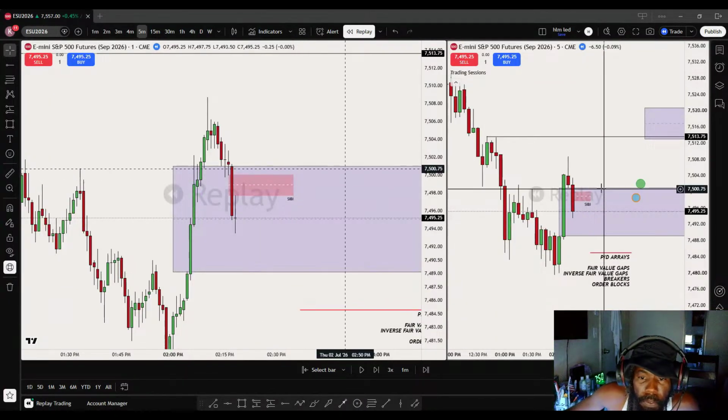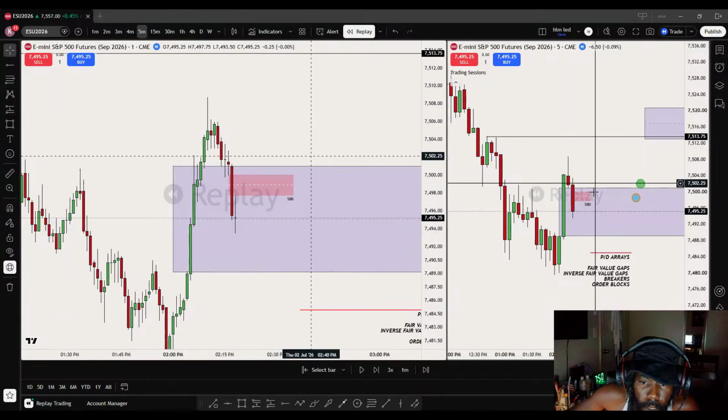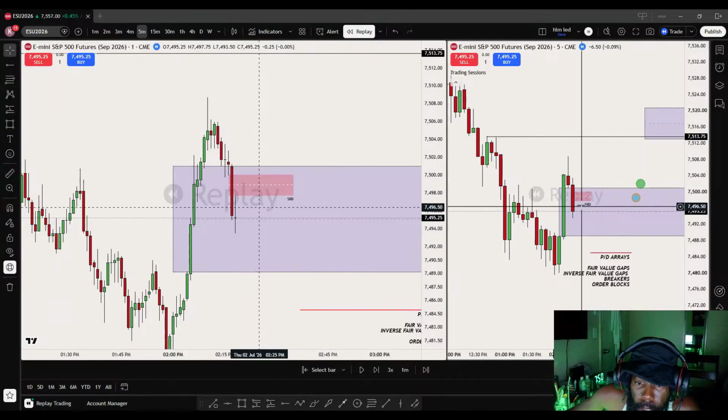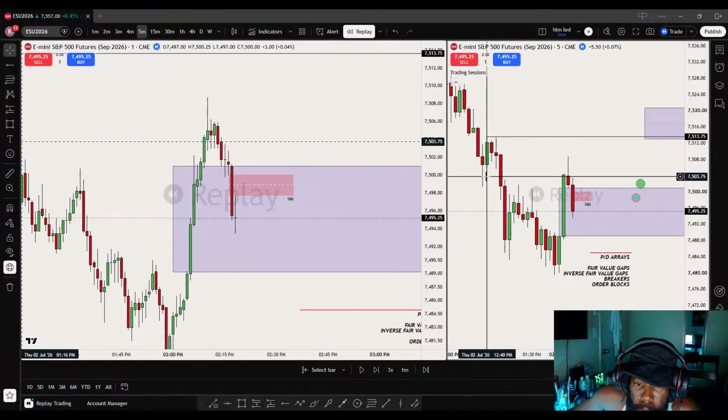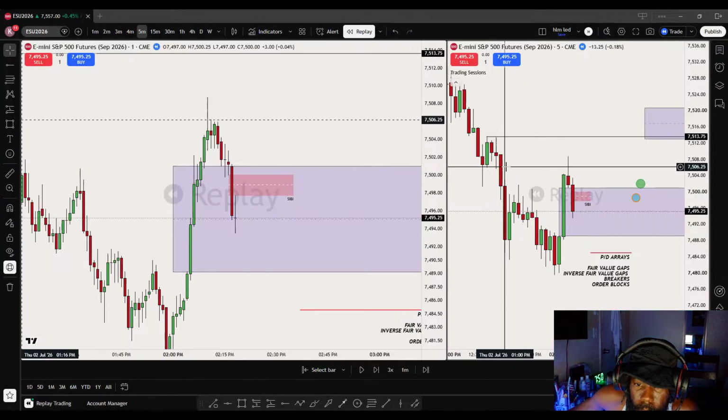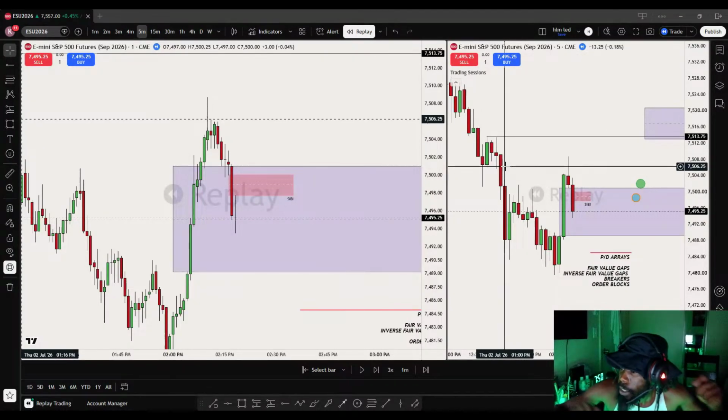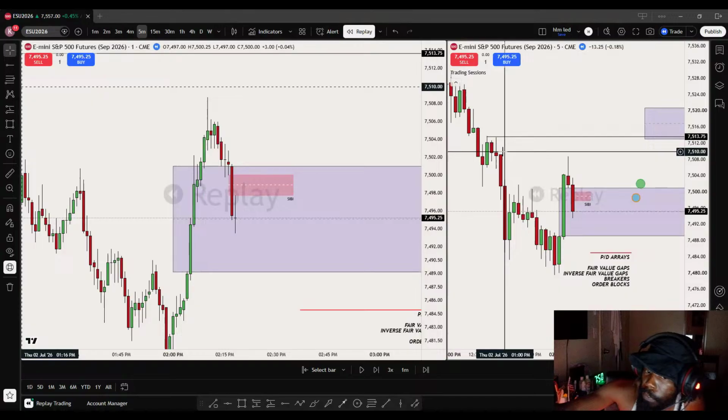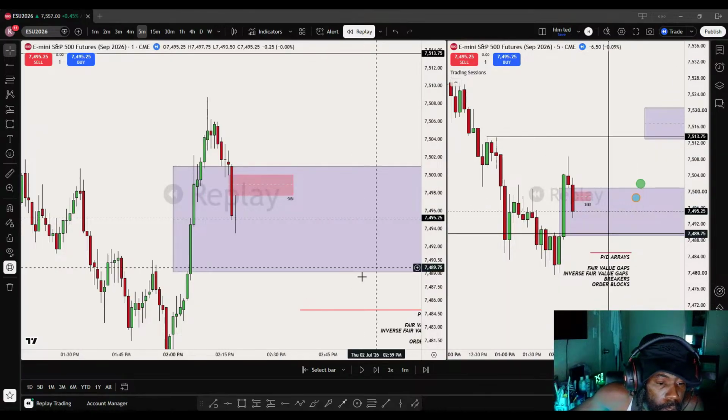I just explained it. We're in a 5 minute bullish fair value gap right now. I'm expecting it to fail to take us higher. So we get a perfect example of that right here.